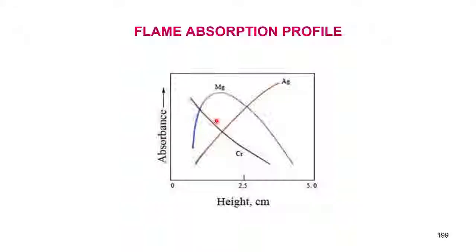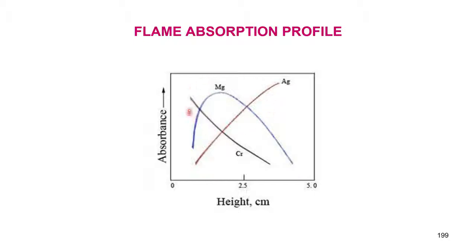Another parameter is hollow cathode lamp, voltage, specifications, etc. The second parameter is the nebulizer efficiency, that you can't do much because it is made by the factory. Now, third is burner. The burner height can be adjusted to get maximum absorbance. So, that maximum absorbance you can see from this figure varies between 1 to 3 centimeters.